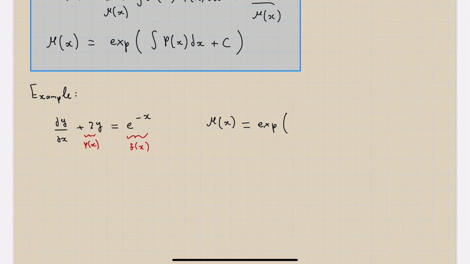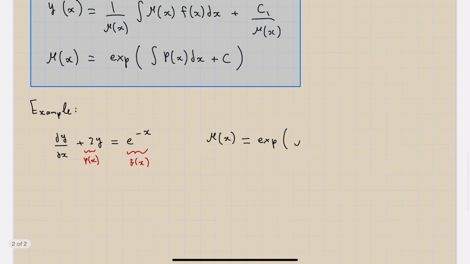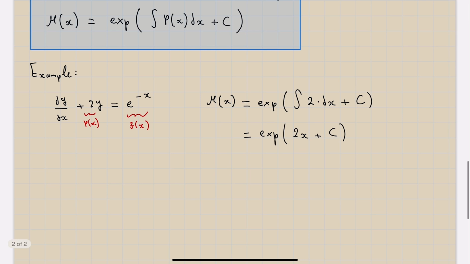So let's integrate. I'm going to get the integral of 2 dx plus c, which I'll fix. The indefinite integral of 2 dx is just 2x plus c, and I'm going to fix c to 0. So I'm going to get exponential 2x, and that's my mu(x).